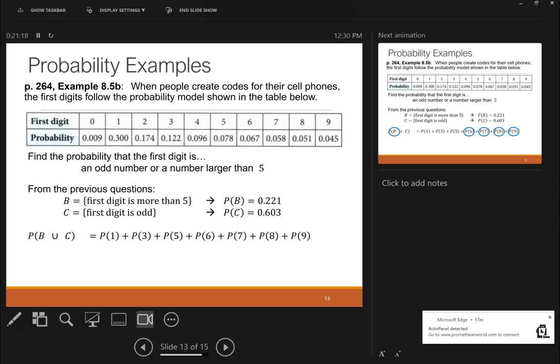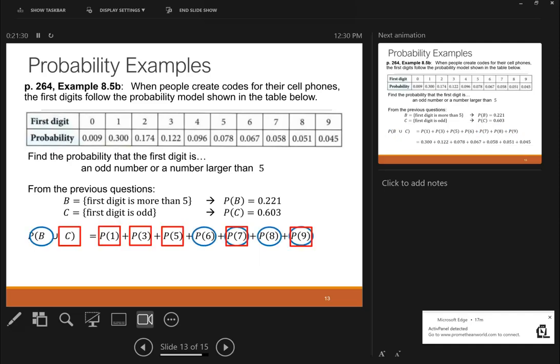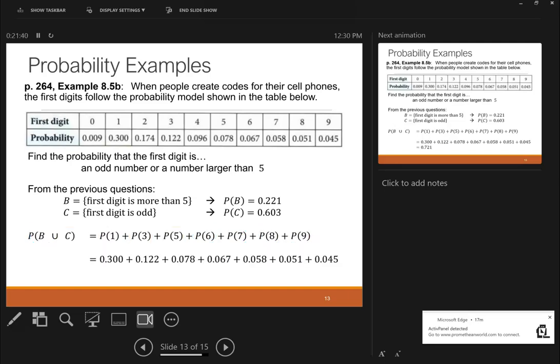Instead, you should do this individually. Odd or larger than 5 is the numbers 1, 3, 5, 6, 7, 8, 9. We'll add them up individually. See, look at the overlap between 7 and 9. And so we get 0.721.